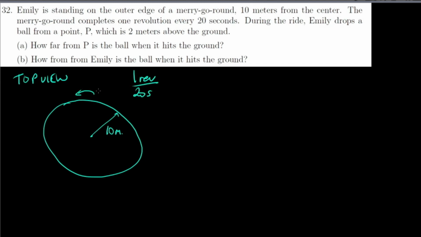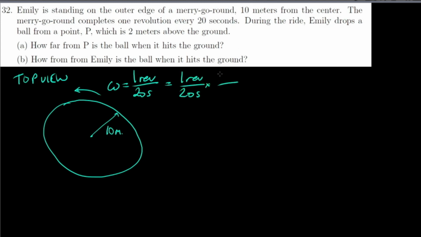Are we going counterclockwise, clockwise? Which way do they go? I'm trying to envision it. I guess they can go either way, but let's say counterclockwise here. So that's just the angular velocity, that's my omega. One thing it might be helpful to do here is to get proper units.